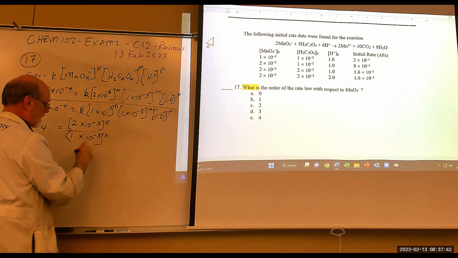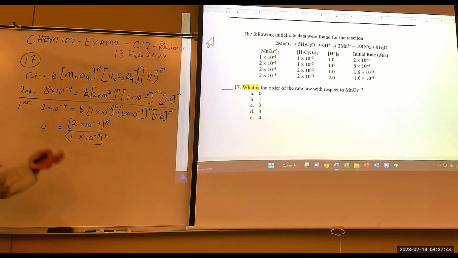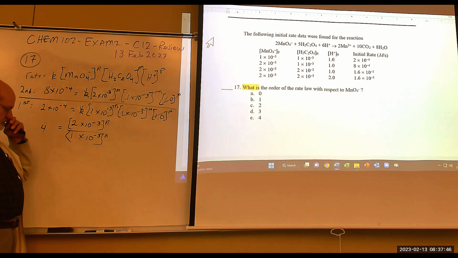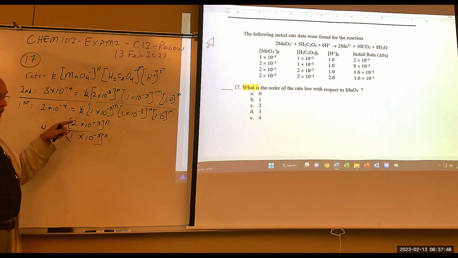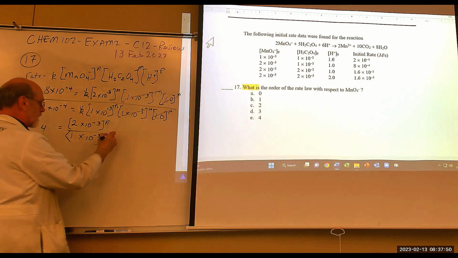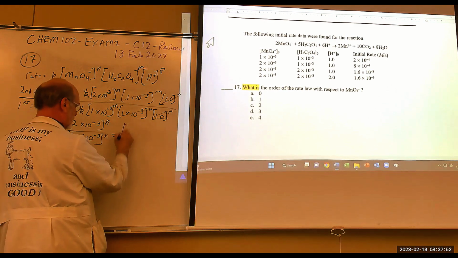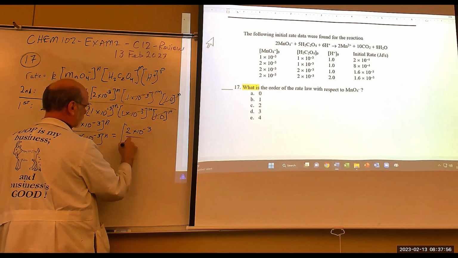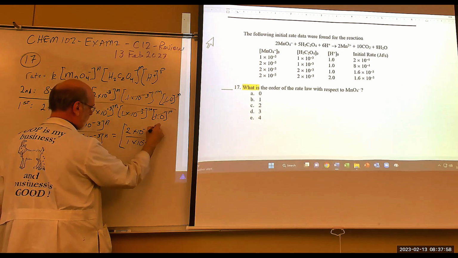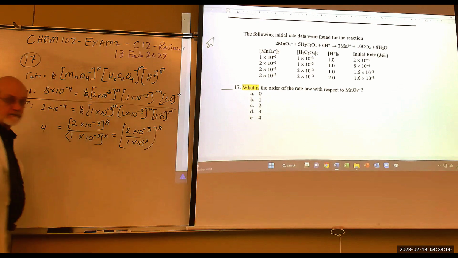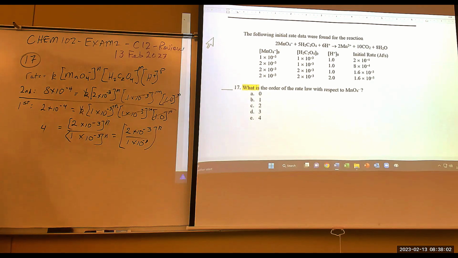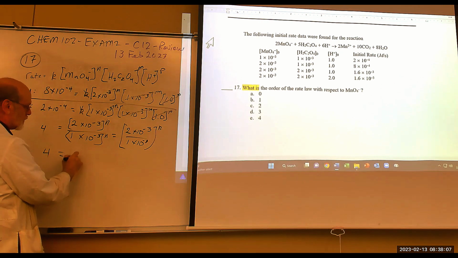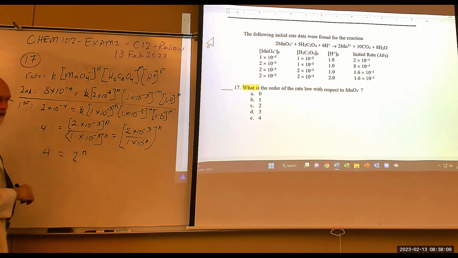Okay, so remember the mathematical rule. If these terms are to the same power, then we can bring them inside like this, and they're all to that power. So that means that 4 equals 2 to the n power.